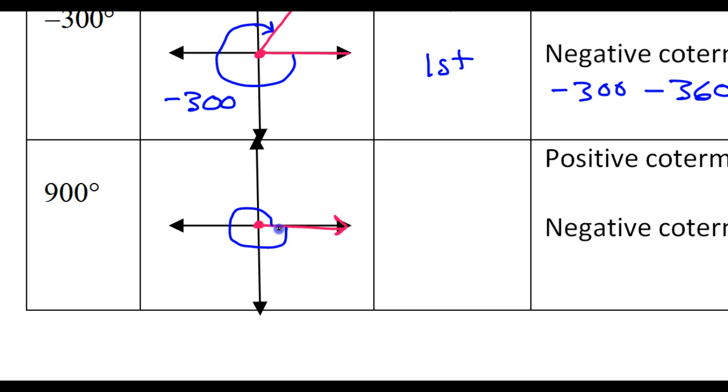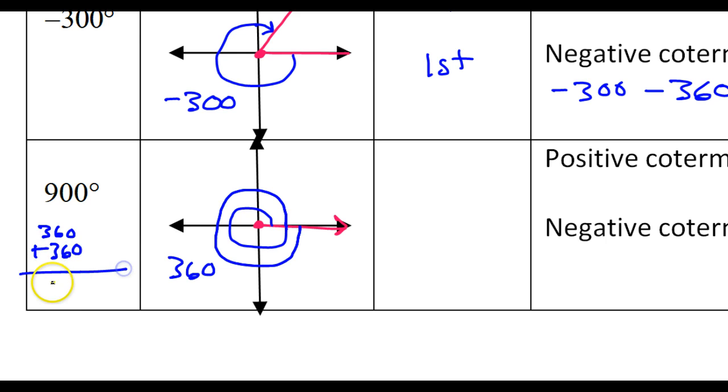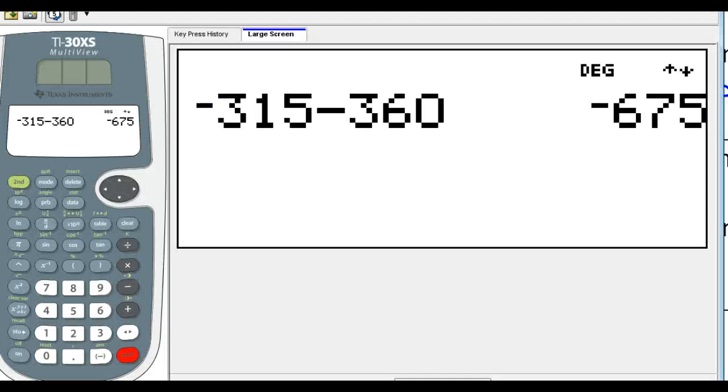So I've done 360 so far. If I go all the way around again, that's another 360. What's that? Well, 360 plus 360 is 720.